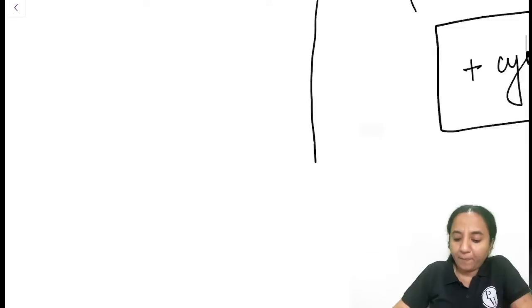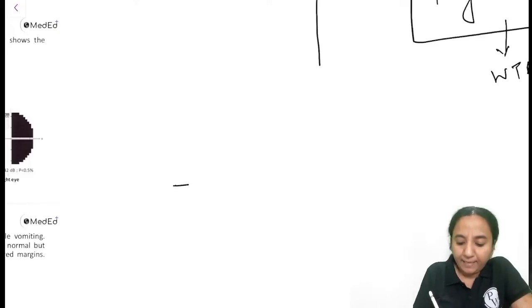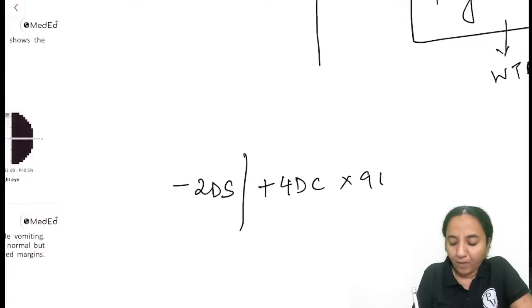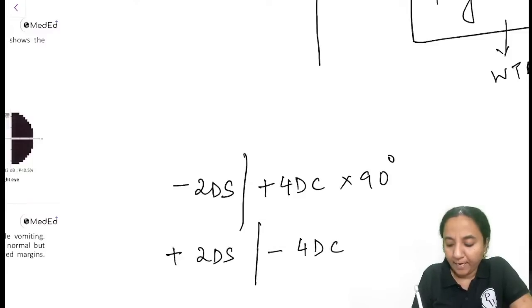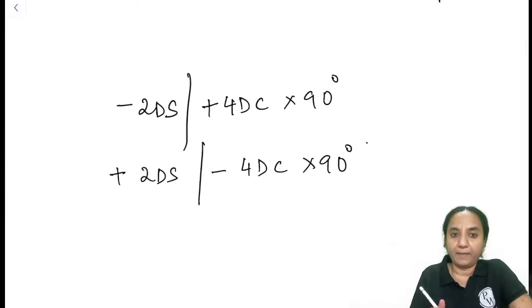Okay, now suppose you have a prescription like this, say -2 sphere and +4 cylinder cross 90, or +2 sphere -4 cylinder cross 90. That is, a prescription with a combination of plus and minus.